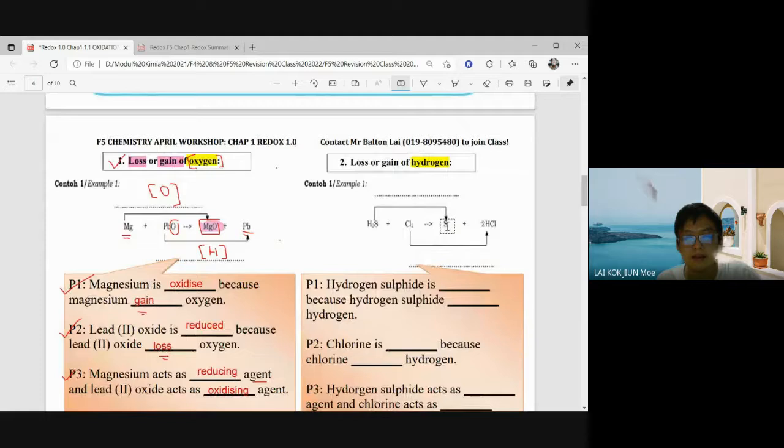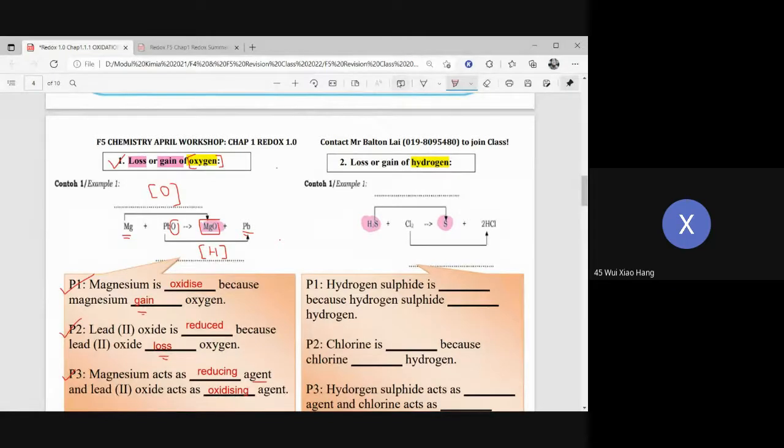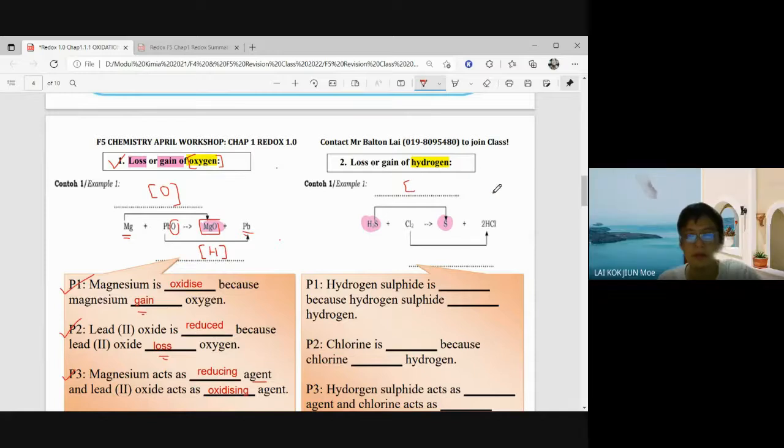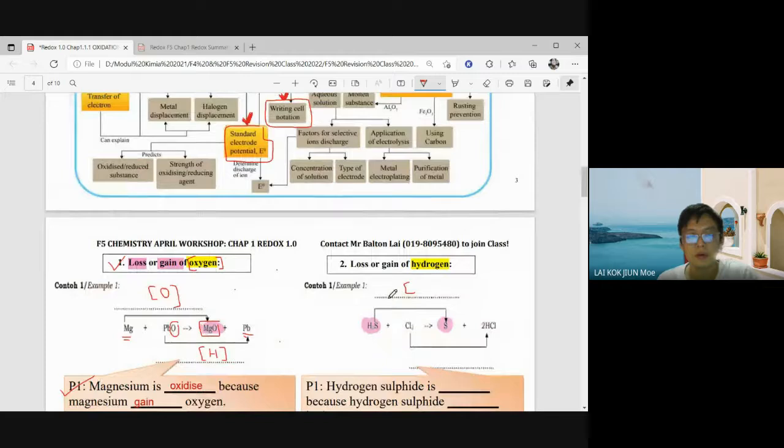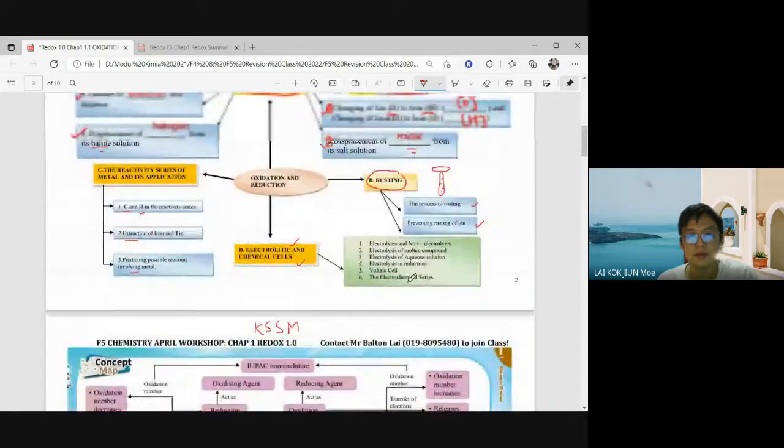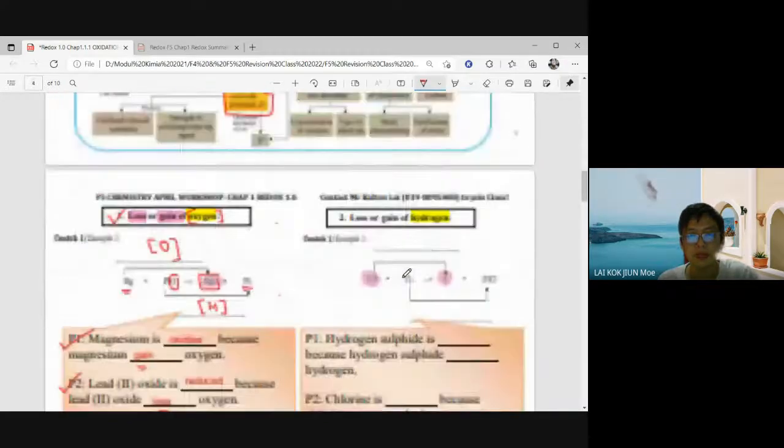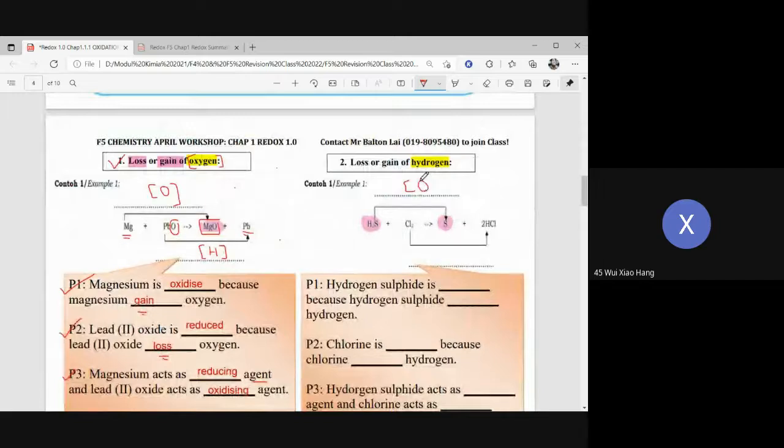H2S become S. So the hydrogen lose or gain? Xiao Hang. It lose hydrogen. So you are losing hydrogen. When you lose hydrogen, you are undergo oxidize.